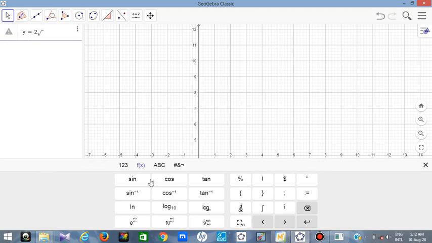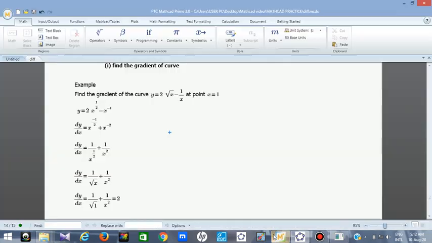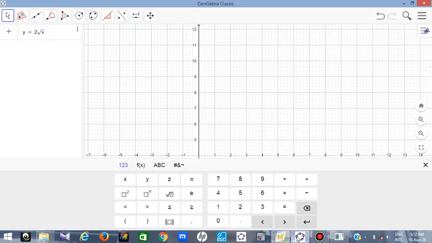Let's put our value, 2 square root x, then what next? Let me see the question. Say 2 root x minus 1 over x, so minus 1 divided by x. So that is that.